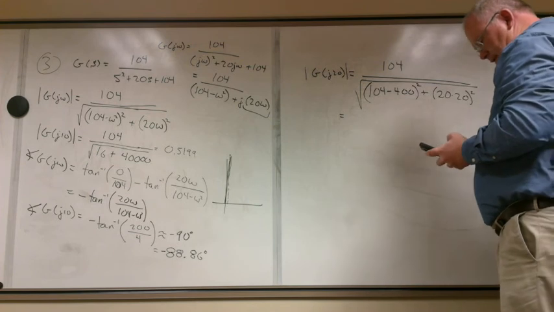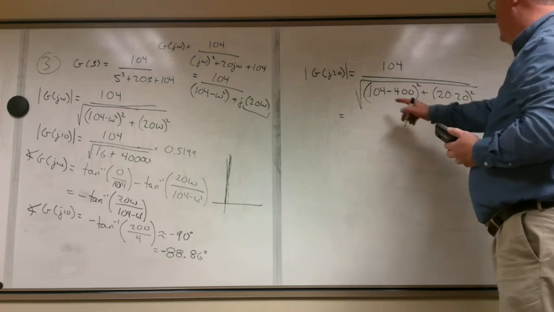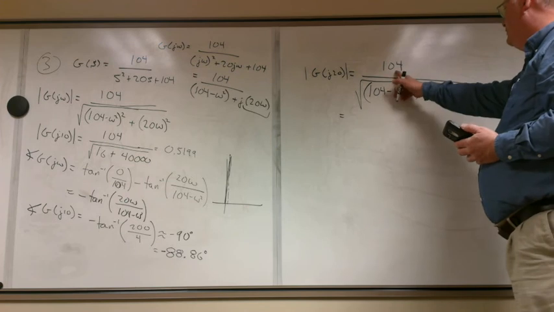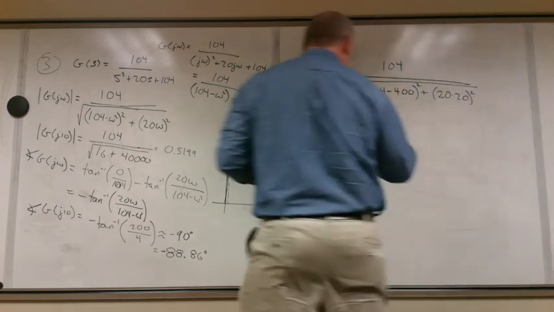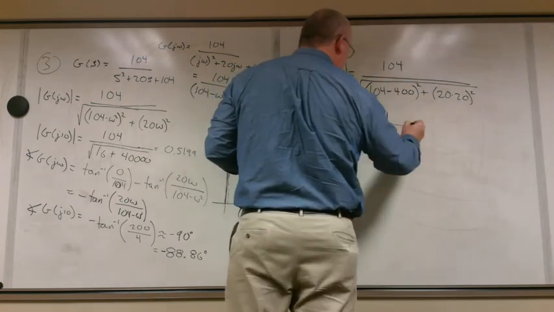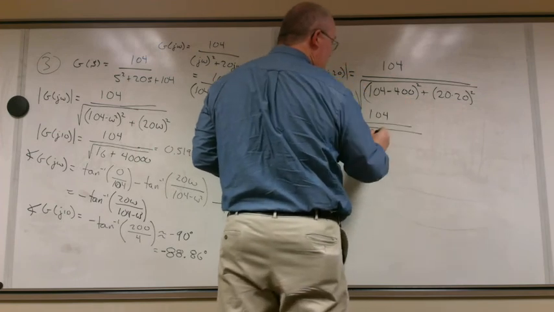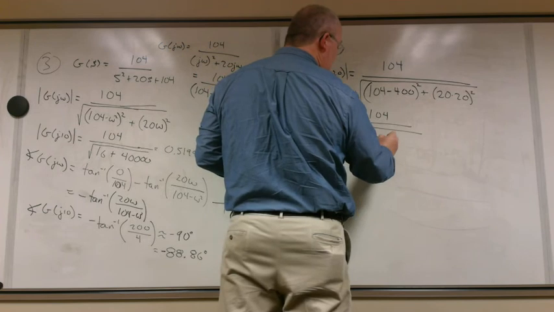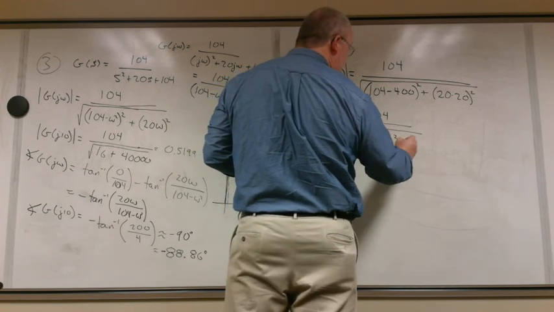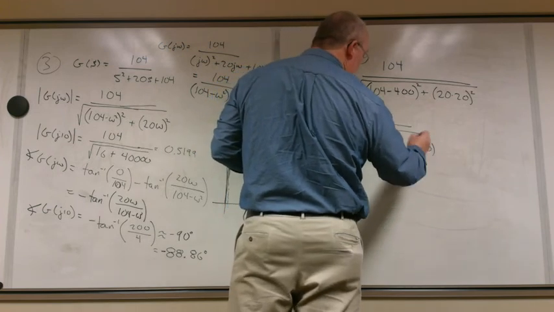Using Droid 48, an HP calculator emulator. 104 is our numerator, divided by the square root of 104 minus 400, which gives us minus 296, squared, plus 400 squared.